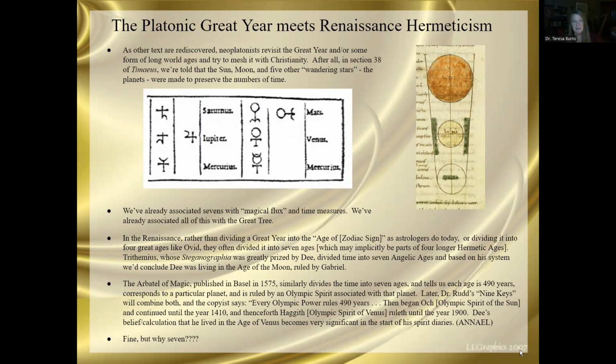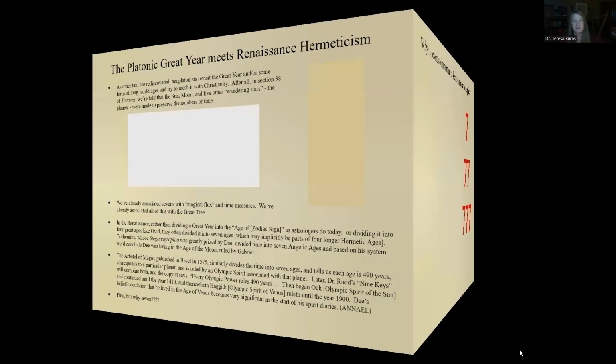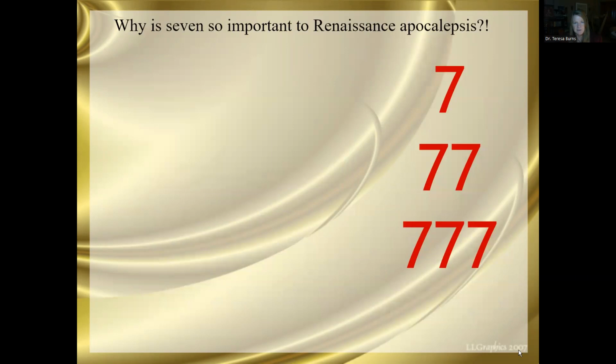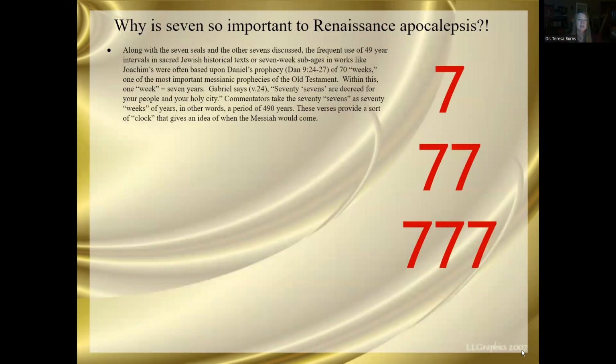Anyway, why 7s? What is their deal with 7s? I didn't talk about this in Theorem 7 because it wasn't important yet, but it's important now. Along with the 7 seals of Revelation and all the other 7s discussed, there is the frequent use of 49-year intervals, 7 times 7, in sacred Jewish historical texts, or 7-week subages, which you also get in Joachim of Fiore.